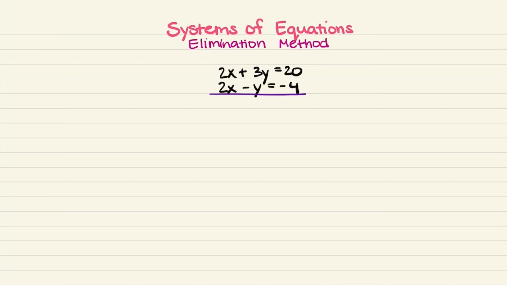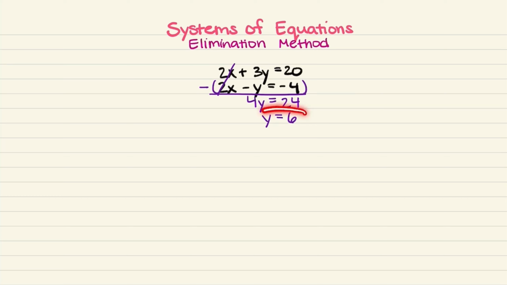So we're going to be subtracting this equation from the top one. 2x minus 2x cancels out. 3y minus negative y is 3y plus y. So that is 4y. And then 20 minus negative 4 is 20 plus 4, so it equals 24. Divide by 4 on both sides, and y equals 6.